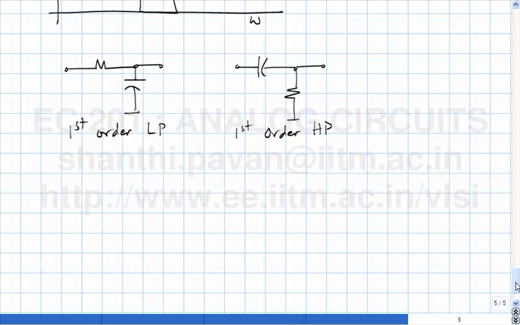Alright. With first order, it turns out you cannot realize a band pass characteristic. It's actually pretty straightforward to see that. I leave that to you as an exercise. This is an example of a second order low pass.